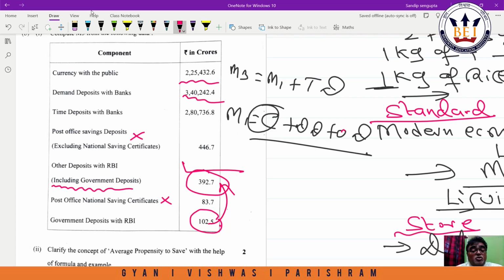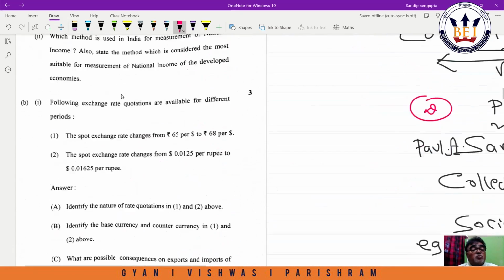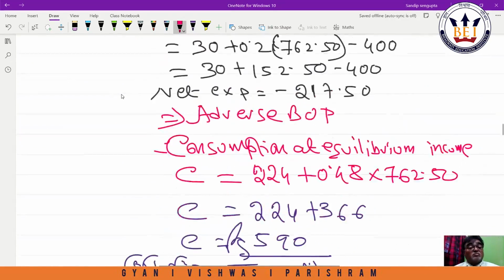Government deposit is included here. Look, the value is less. So what do we add? This and this. M1 will come out. TD is given, so automatically the answer will come out. This is my explanation.